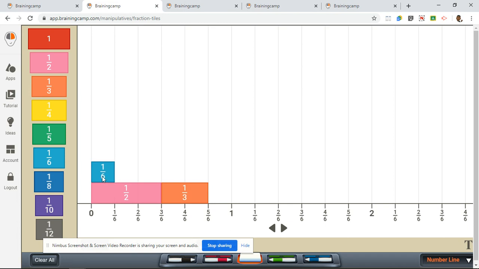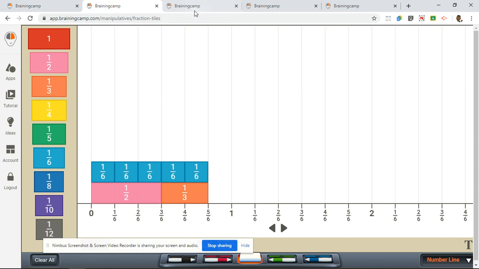If I bring out 4 more for a total of 5, it should be equivalent from this end to this end. So let's see. 2, 3, 4, 5. So there we see 5 fraction tiles of 1/6 is equivalent to a 1/2 fraction tile plus a 1/3 fraction tile. So 1/2 plus 1/3 equals 5/6.